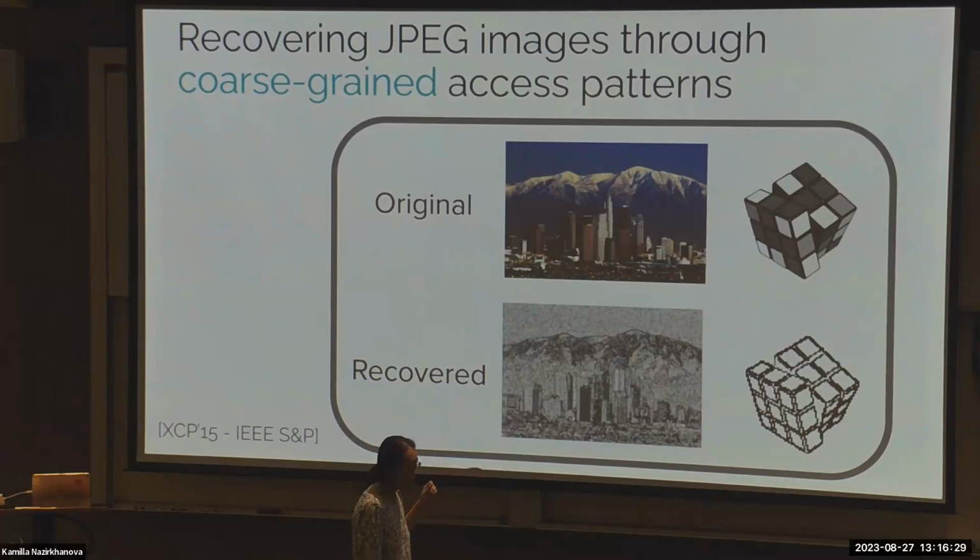They show that if you are running off-the-shelf image processing software inside an SGX enclave, and you can only observe very coarse-grained page-level access patterns, even such coarse-grained access patterns are sufficient to reveal the shape and the location of these objects. So it is very leaky.